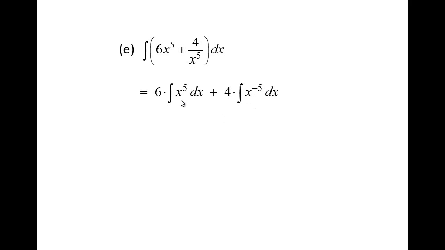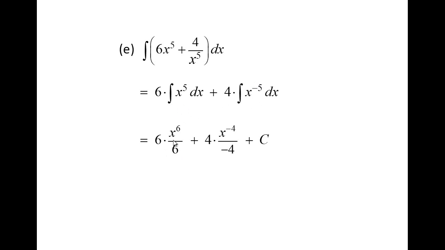Now we can apply the power rule for indefinite integrals, which is the integral of x to the 5 would be x to the 5 plus 1 divided by 5 plus 1, which would be x to the 6 over 6. Here we get x to the negative 5 plus 1, which would be negative 4 divided by negative 4.